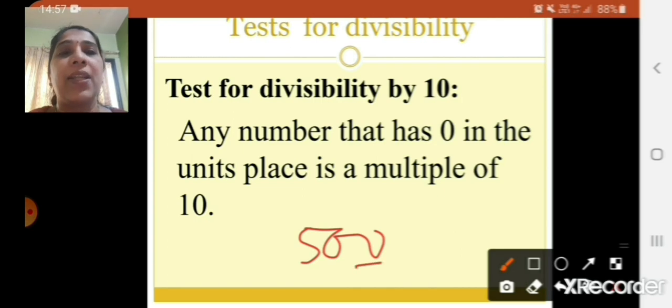So 0 is there in the units place, that means it is divisible by 10. It is divisible by 5 also, because in the divisibility test for 5 also, 0 is there in the units place, right? So you can say that the number 500 is divisible by 5 also and divisible by 10 also. If any bigger number is there, you can recognize it without carrying out the division.